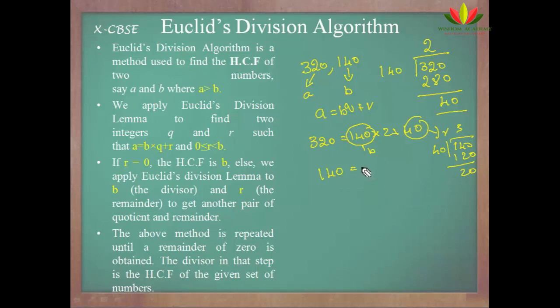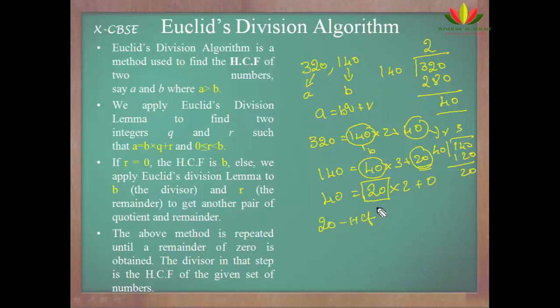So 140 is equal to 40 into 3 plus 20. Right. Now once again I am checking my remainder. Whether the remainder is 0, I can stop here. Since R is not equal to 0, I will take once again my B and R for the same step. That is 40 is equal to 20 into 2 plus 0. Right. Now what is the divisor here? That is 20. Now 20 is the HCF.